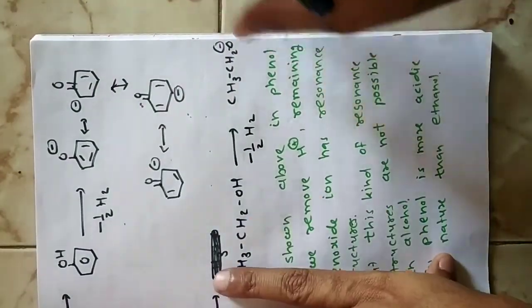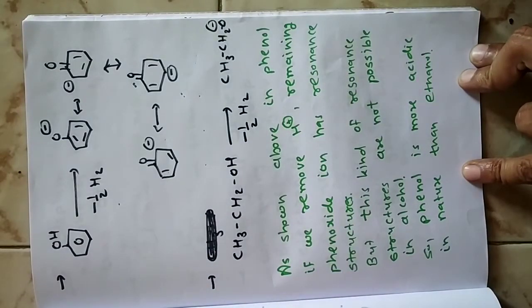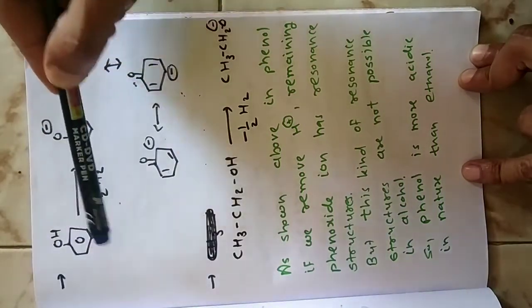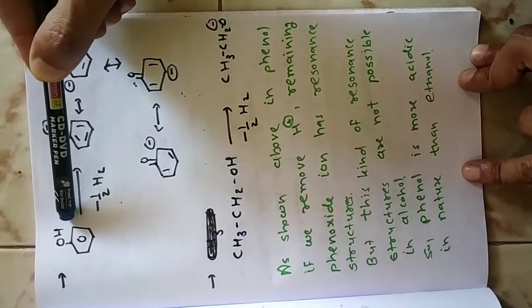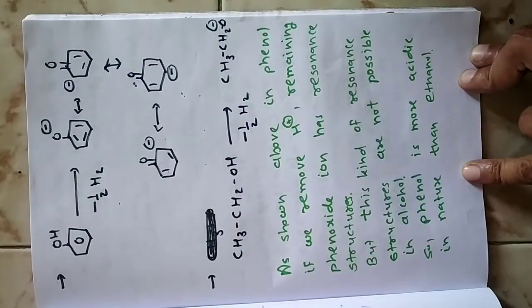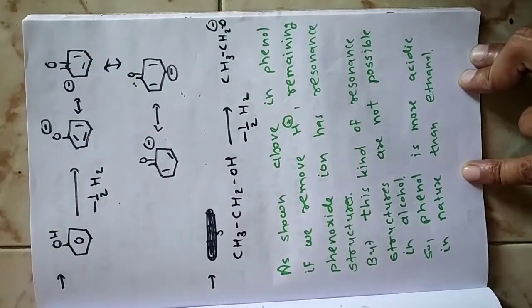Now what we have to do secondly is compare the acidity of phenol and ethanol. You can see this one is phenol and this one is ethanol. To compare the acidity of phenol and ethanol, you have to draw the resonance structure.